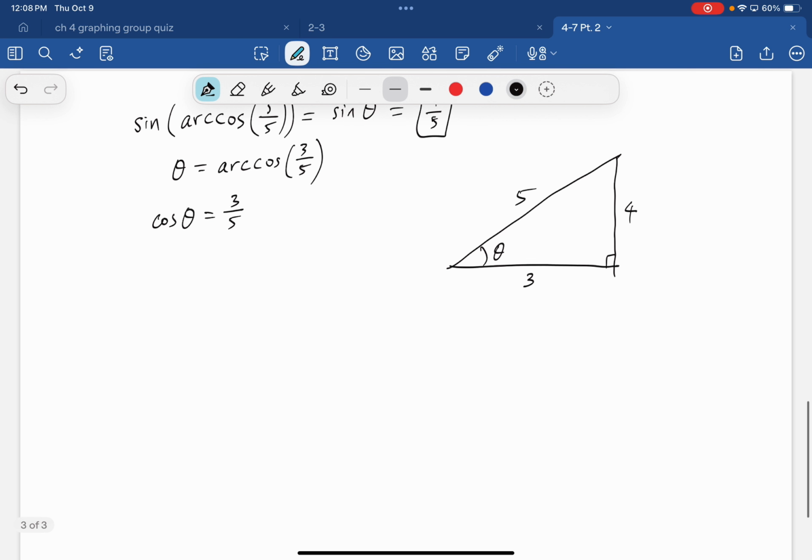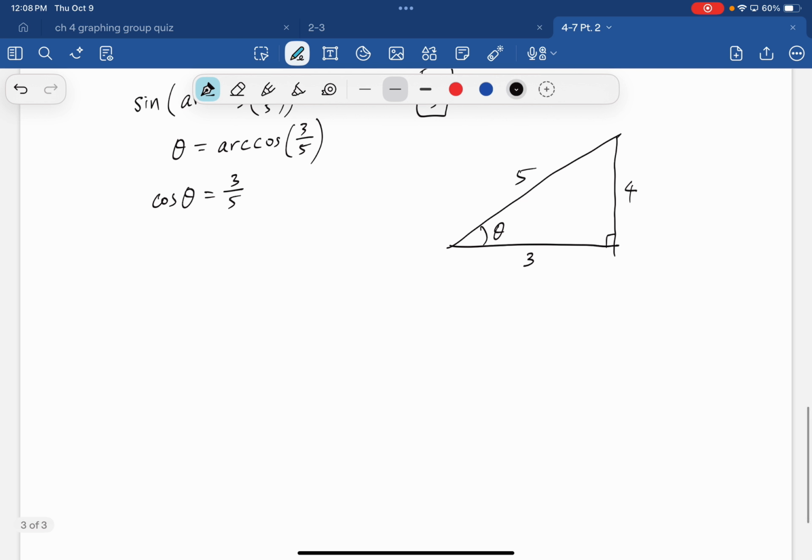Okay, let's do a more tricky one. Let's say we had tangent of arc sine, but this time with a negative value, say negative 3/5. We're going to do the same process. We set theta equal to arc sine of minus 3/5, so we're simply looking for tangent theta.